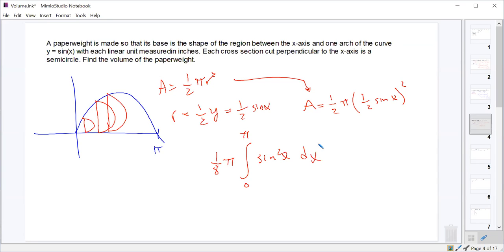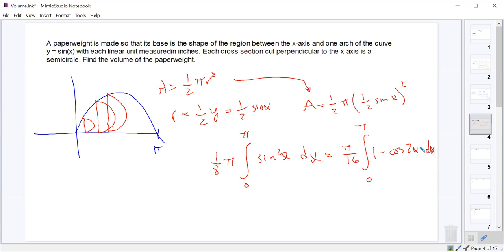All right. What about our integral of sine squared x? Sine squared x should become a 1/2 out in front, right? So pi over 16 times an integral from 0 to pi of 1 minus cosine 2x.